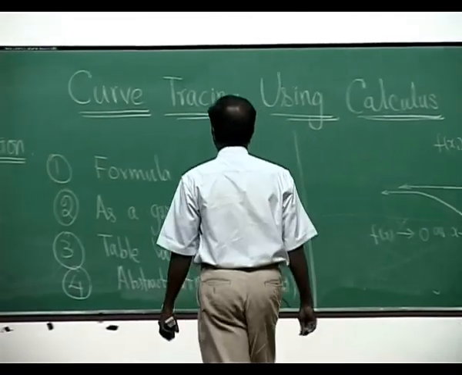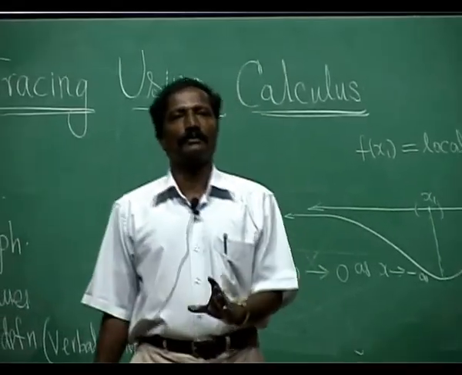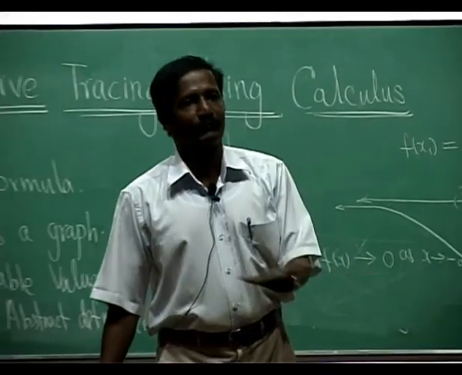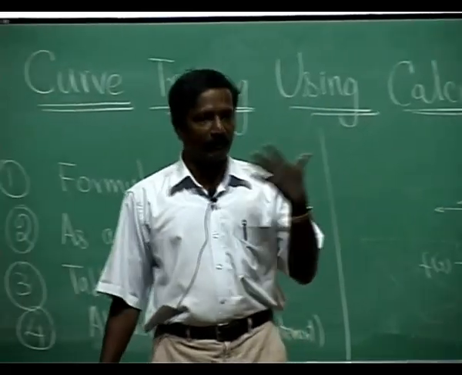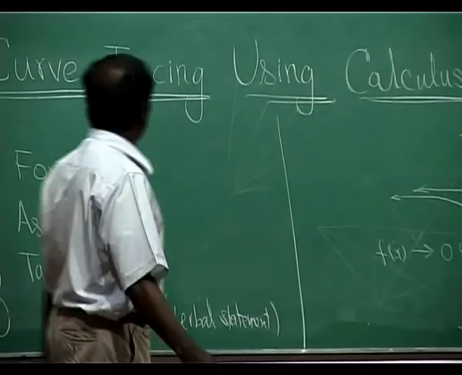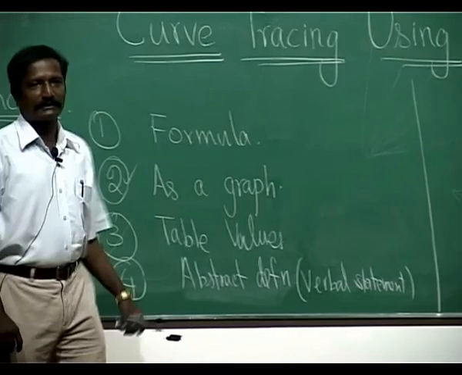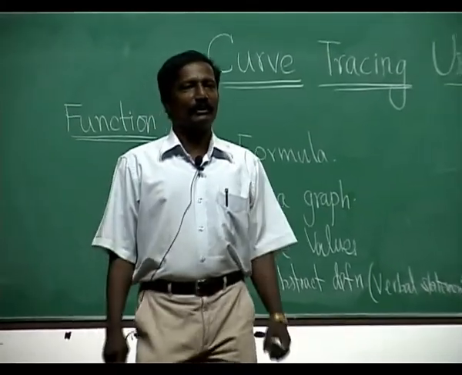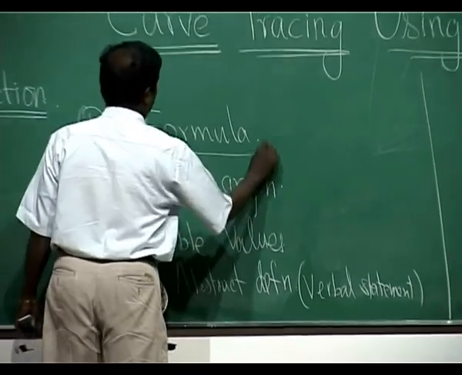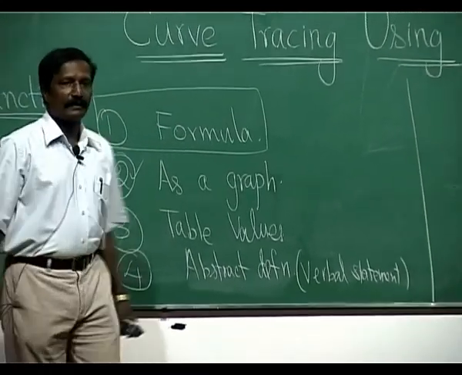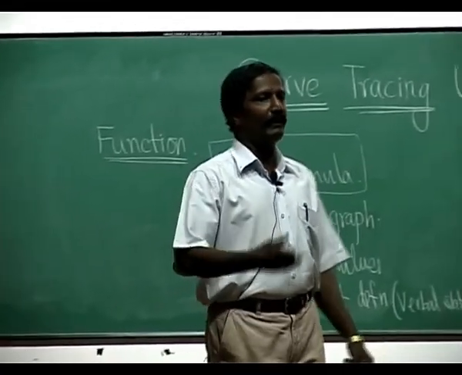Okay, now for a given function, it will be very important for us to get the graph of the function so that we can understand fully what the function is doing, its behavior and everything. If it is given in graph form, then we are happy campers, so we can do all those things. But most of the time, the function is given by a formula. In which case, how do we find all these things?